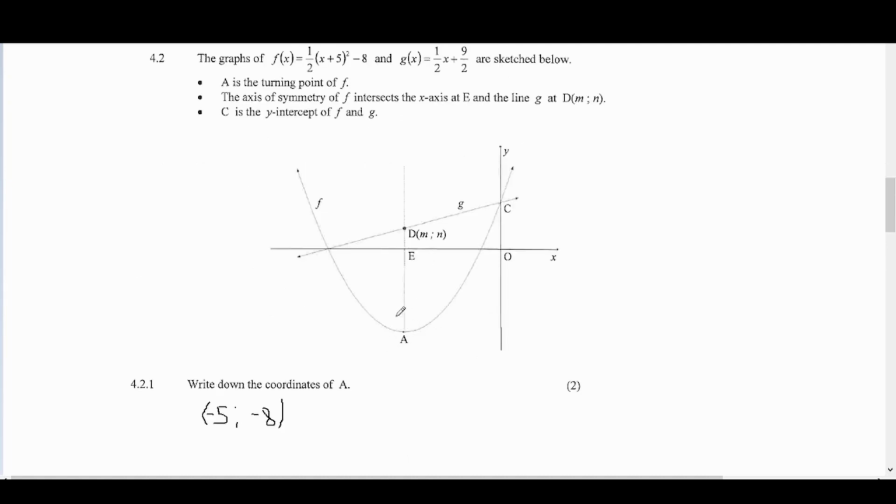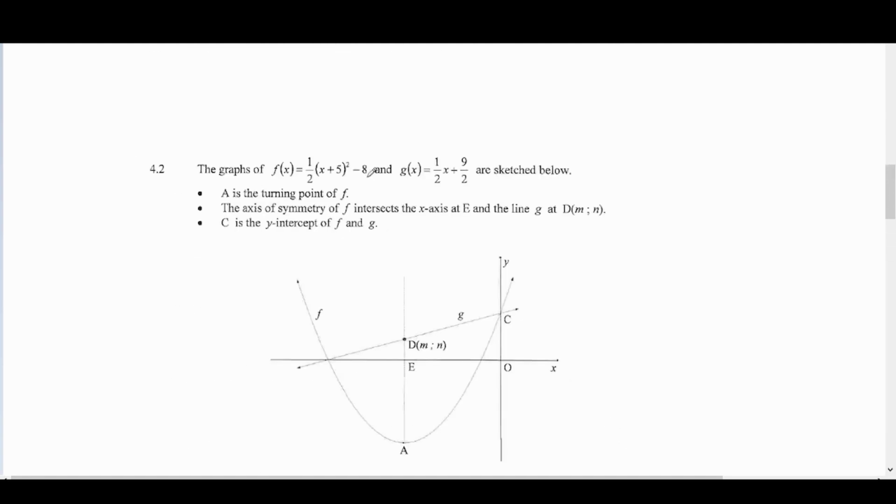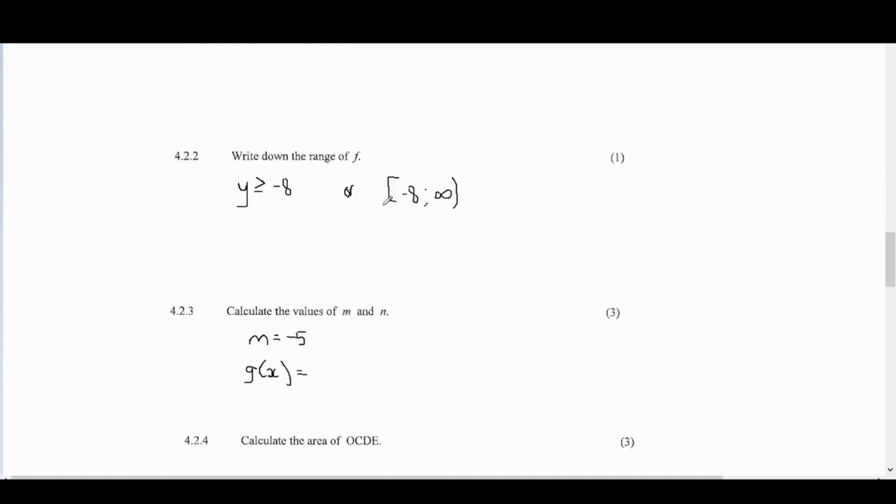Okay, so now that we have our x coordinate, we just need our y coordinate, and we can see that this D value is on our straight line, so we can use our straight line to determine our y value or our y coordinate. So we're going to use g of x, which is equal to a half x plus 9/2. So we're going to check where x is equal to minus 5.